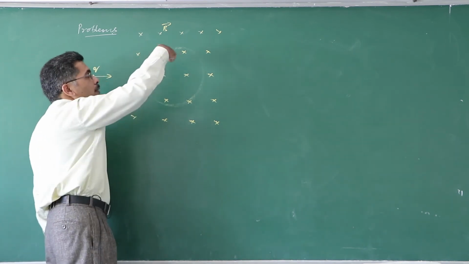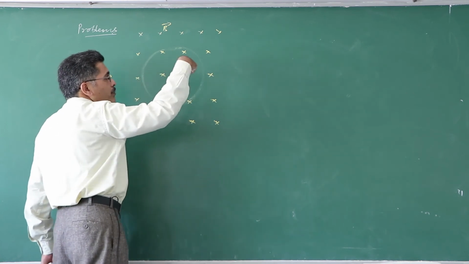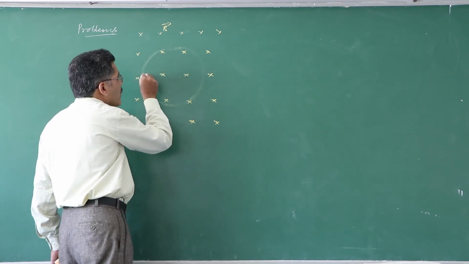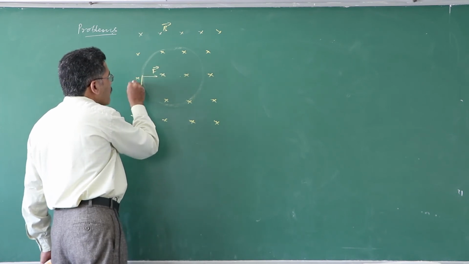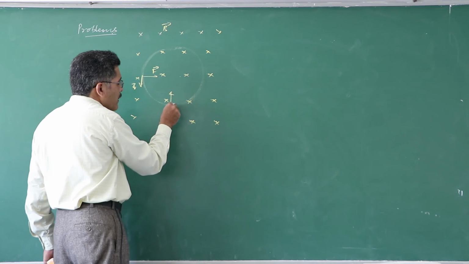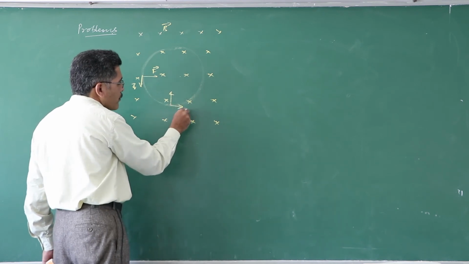Because of this magnetic field, it experiences a force inwards with velocity acting in this direction. I have explained this, and as a result, it starts moving along the circular path.